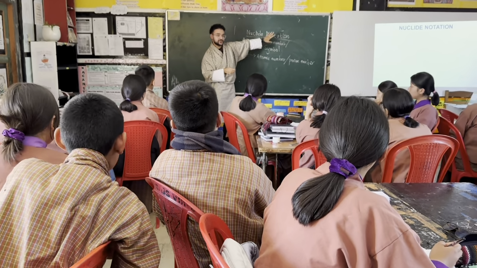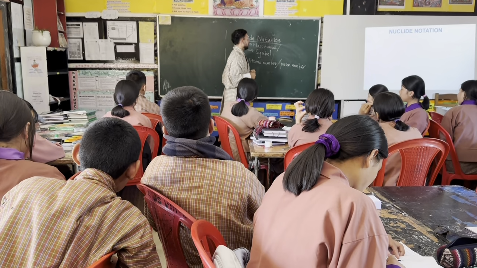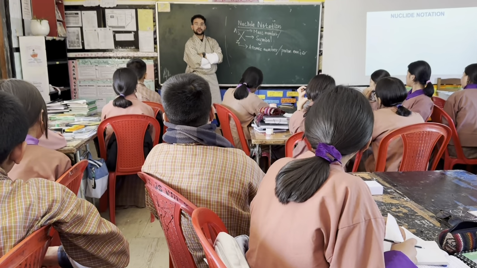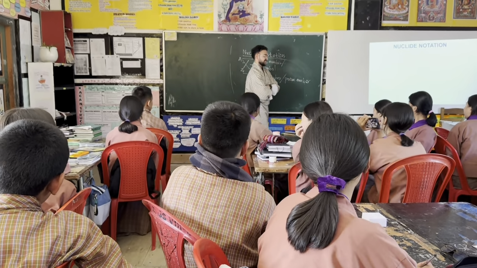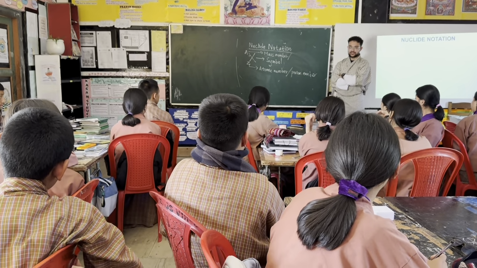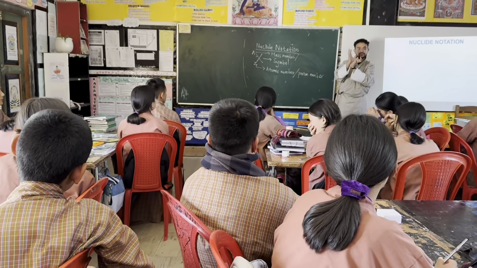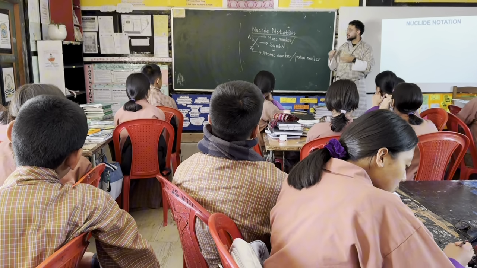And I showed you that mass number is also called something else. What do you mean by mass number? Total number of neutrons and protons. And I said neutrons and protons combine together to form nucleus, right? Now nucleus, can you guess the number?